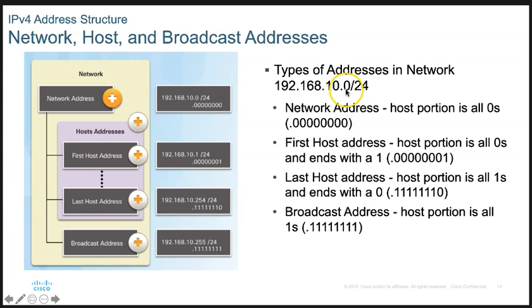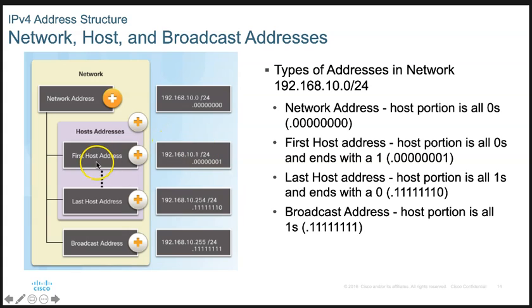Remember, how many bits do we have in this octet? We have 8. The lowest value is when all 8 bits are zeros, and the highest value is when all of them are ones. Between all zeros and all ones, you're going to get the following.